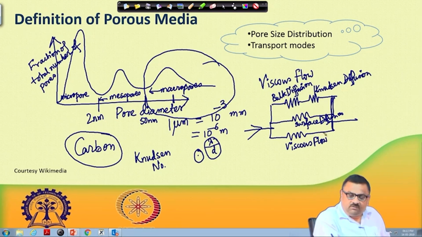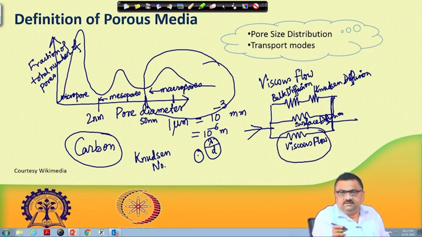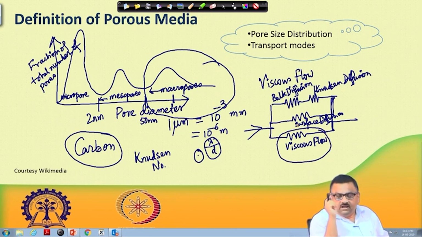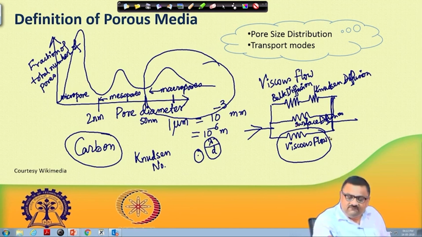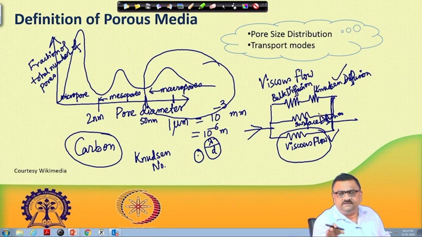And when we talk about Darcy's law, when we talk about superficial velocity that we discussed in the last lecture, that is because of viscous flow. Okay. It could very well be that the pore size that one works with, you are at this viscous flow and Knudsen diffusion. These two parallel lines are working. Surface, you are not bothered with the surface diffusion.